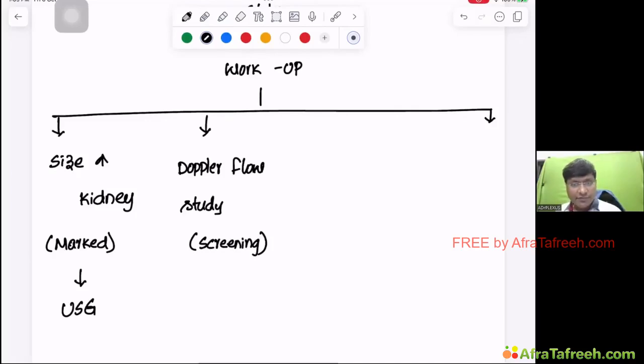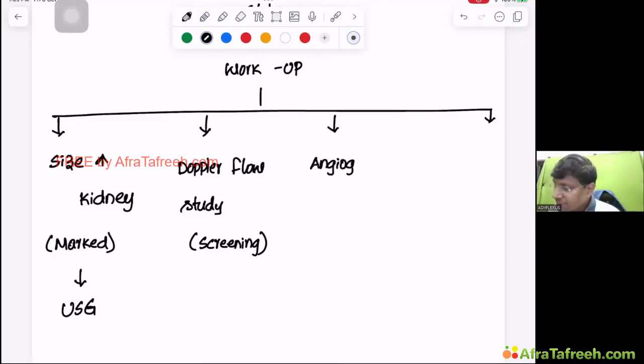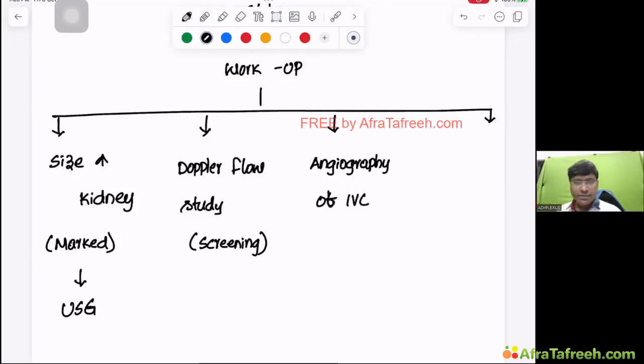But what is it that will confirm the diagnosis? Angiography of the inferior vena cava. Okay, that will confirm the diagnosis.